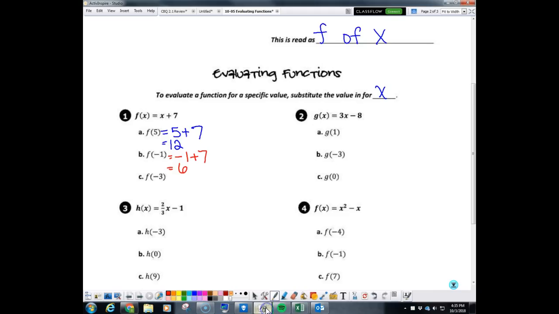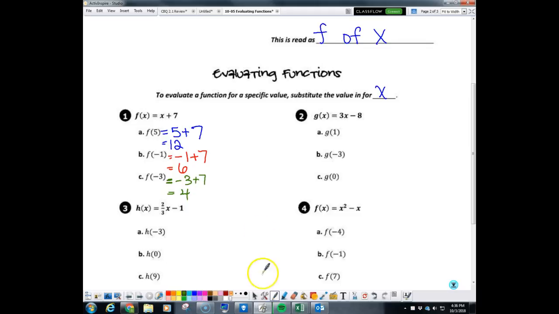Okay, so let's do the last one. F of negative 3, same thing. You replace x with negative 3, so you do that on this side as well. Negative 3 plus 7 is going to give me 4.